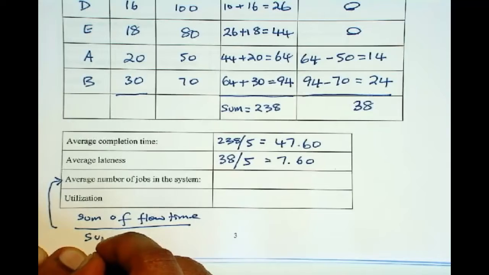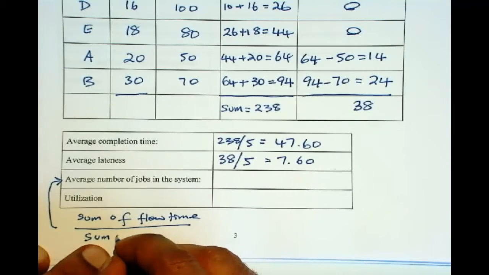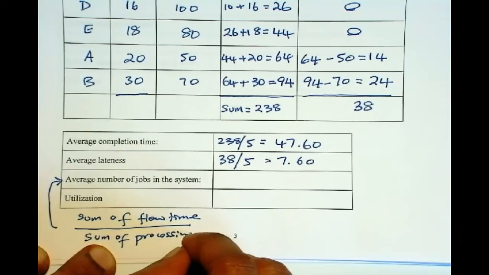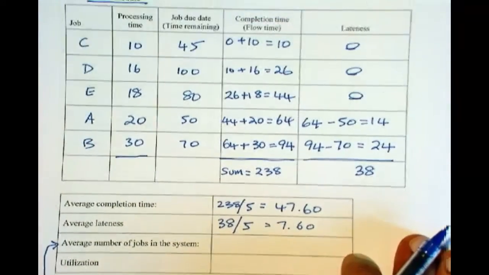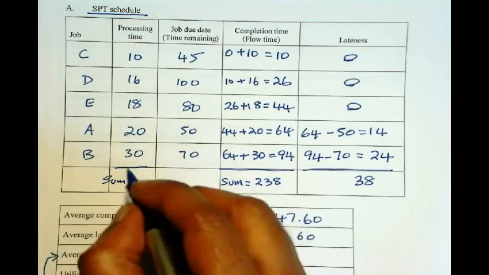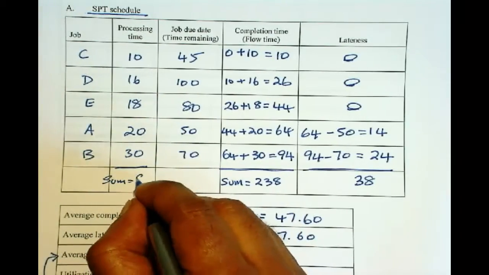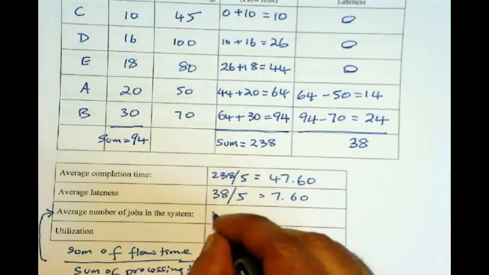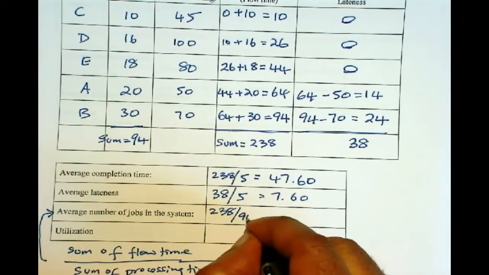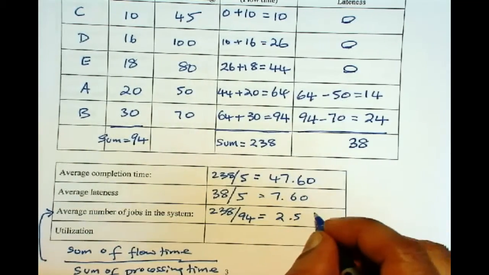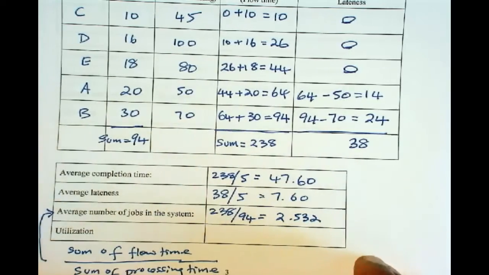Then divide by the sum of processing time, which is this. If you sum this, you get 94. So you take 238 divided by 94, and that gives you the average number of jobs in the system.